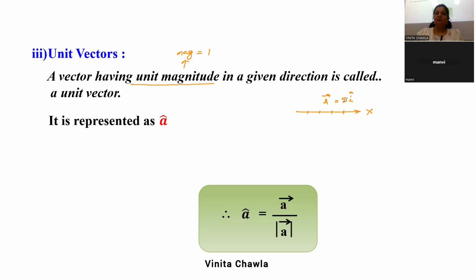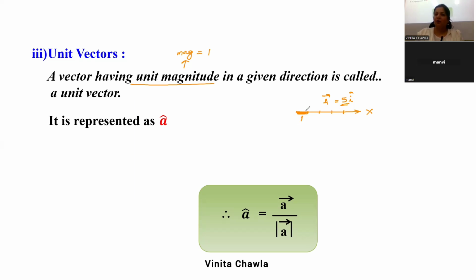So the length of this is 5. The first part is 1 unit. Because we have divided this into 5 and the magnitude is 5 also, this first part is 1. So this is the unit vector.